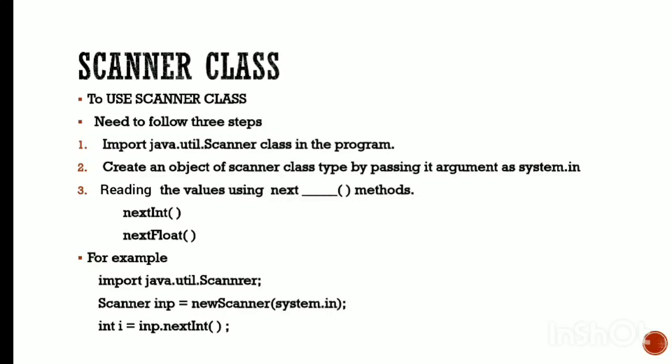Third line is int i is equal to input.nextInt(). In the second line we have created an object, right? To read the value, we have mentioned nextInt. So what value will nextInt read? It reads an integer value.